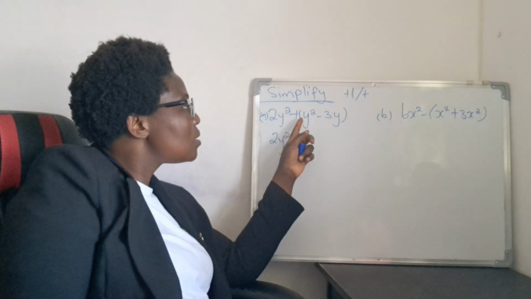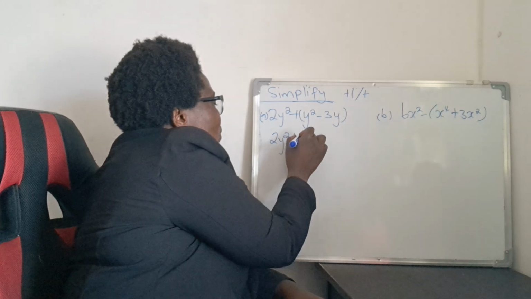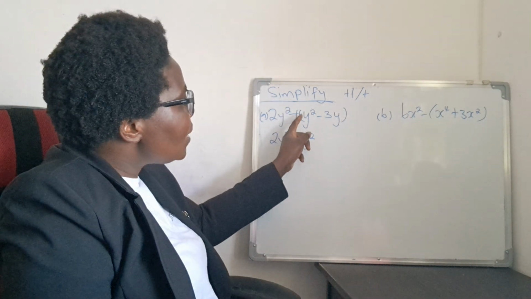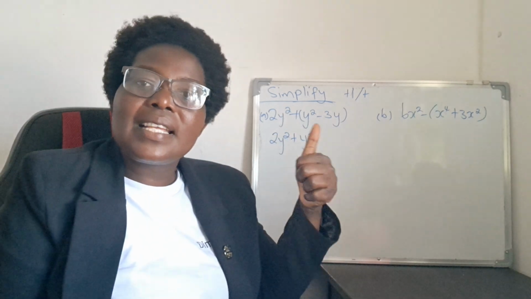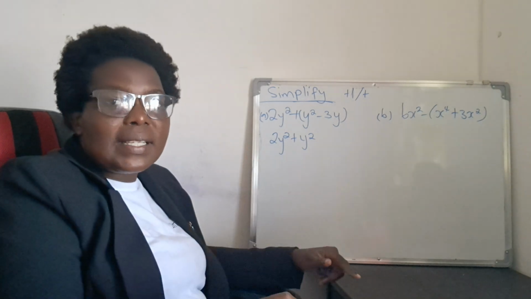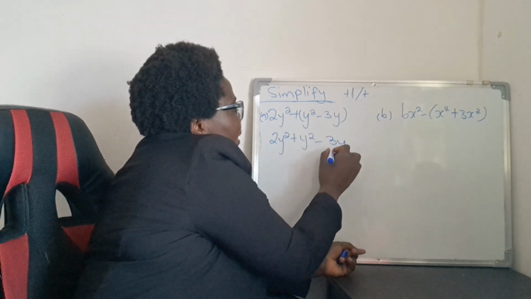So it's going to be plus 1 times y squared, which is still going to give us plus y squared, plus 1 times minus 3y. Remember, plus times minus gives us minus. So it's going to be minus 3y.